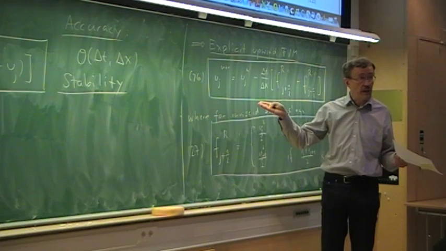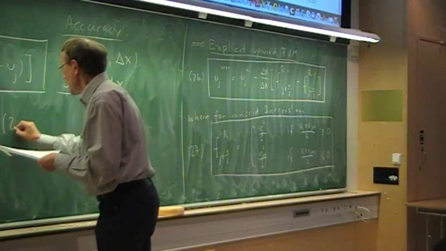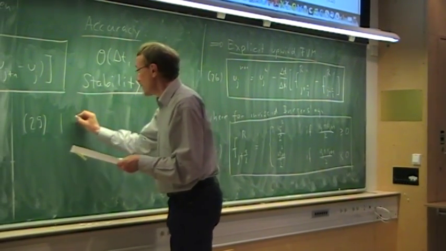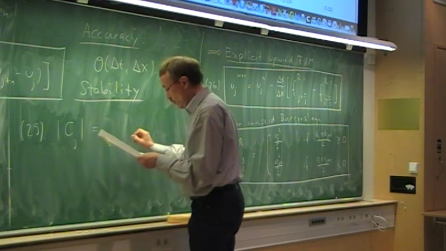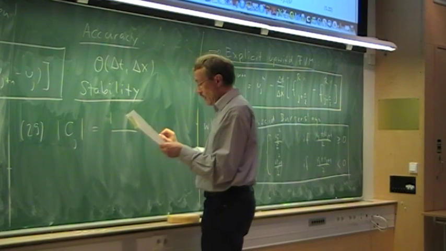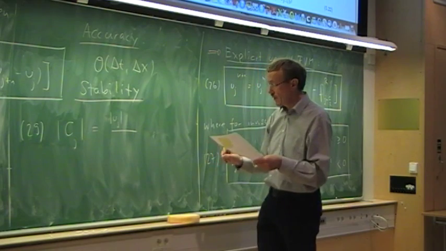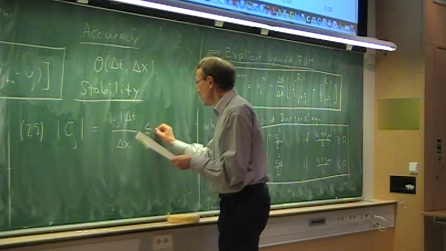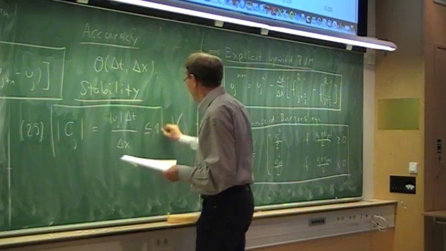And then we can apply the condition that we got for the linear advection equation. As we saw already when we discussed the Godunov method, we had also there a stability condition that the absolute value of the Courant number, which is defined in that case by the absolute value of the velocity in the cell j times delta t divided by delta x, has to be smaller or equal to 1 for all j. So that is then the condition.